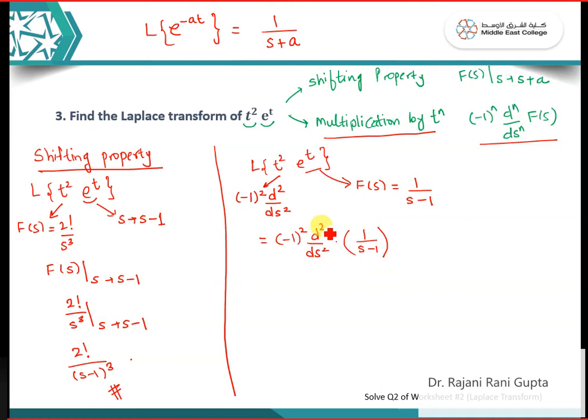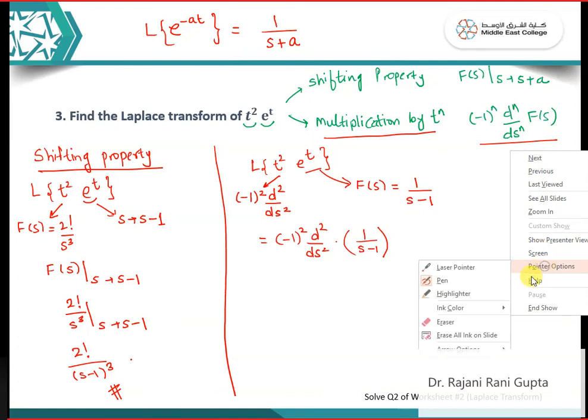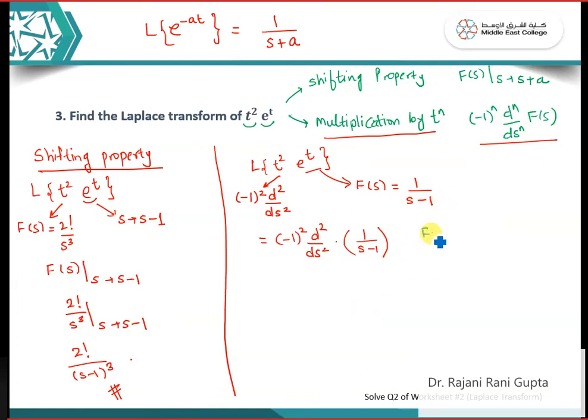The power 2 means you have to differentiate 2 times. Find the derivative 2 times, because of this power 2. So see, it will be time consuming. Okay, so let's see what will happen.